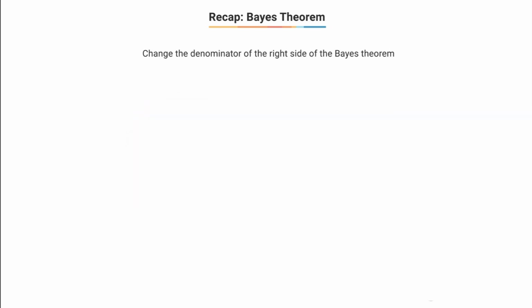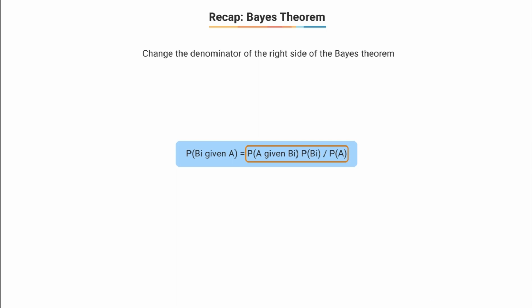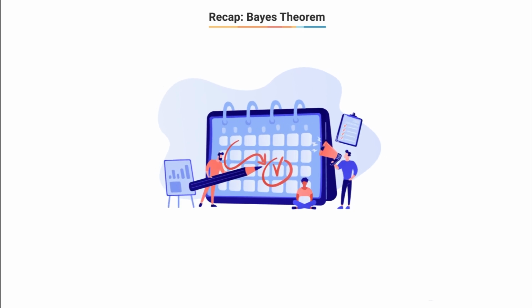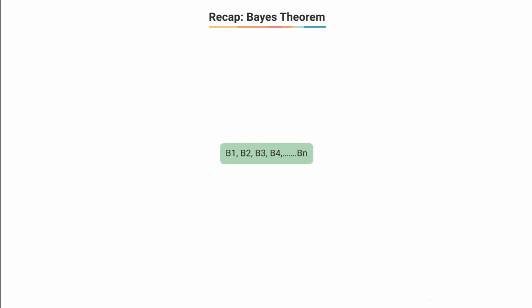Simply modify the denominator on the right side of the Bayes theorem. If you are calculating probability of Bi given A, then probability of Bi given A equal to probability of A given Bi into probability of Bi divided by probability of A. Now, depending upon the number of events that you have, it could be B1, B2, B3, which means 3 events, or it could be B1, B2, B3, B4 and all the way up to Bn.